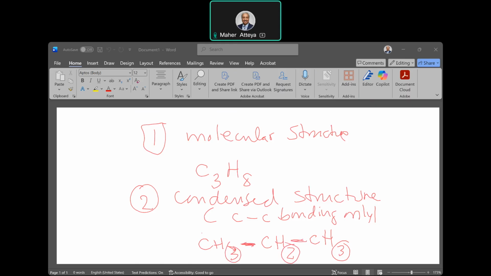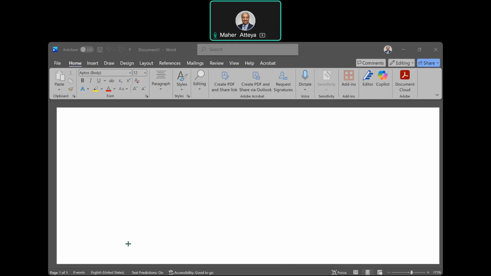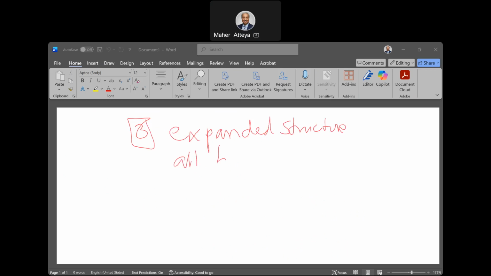So then we have a third type called expanded structure. Called what? Expanded structure. Let's look at number 3, called expanded structure. In this, all bonding will be used or utilized.